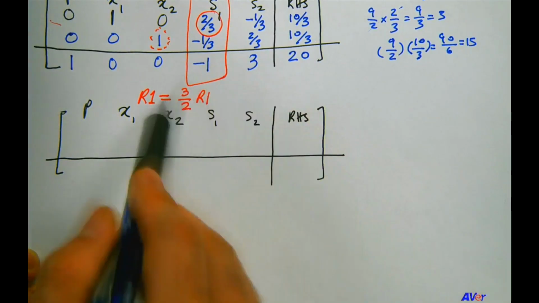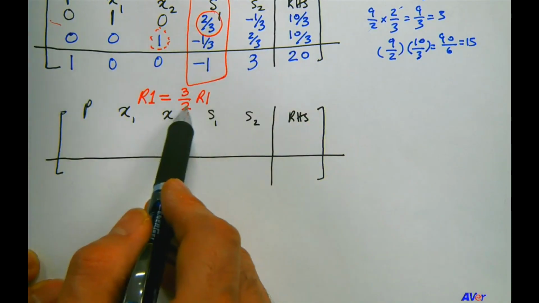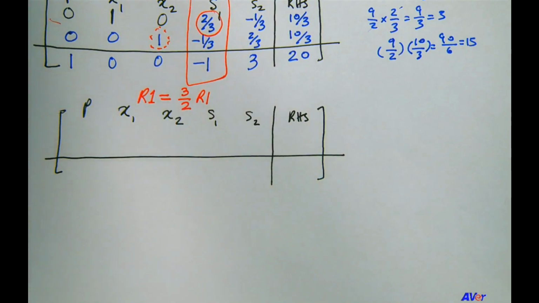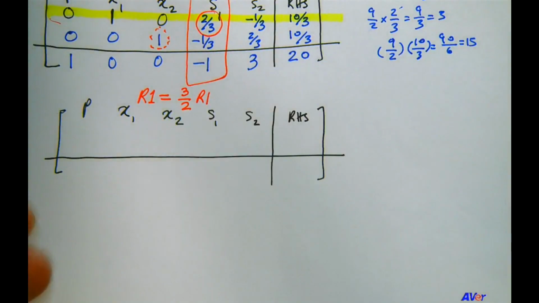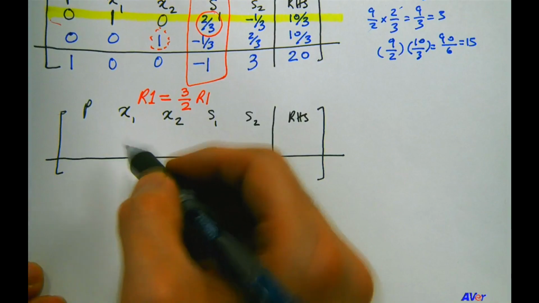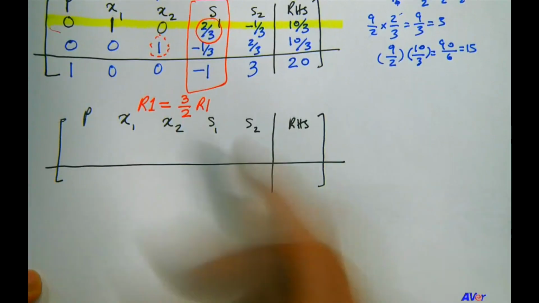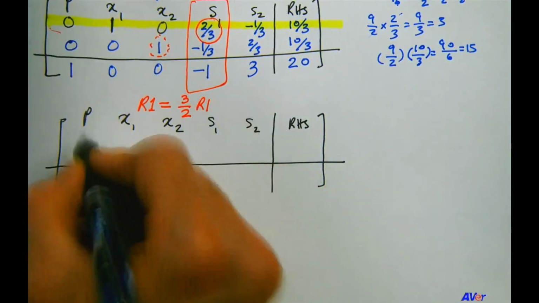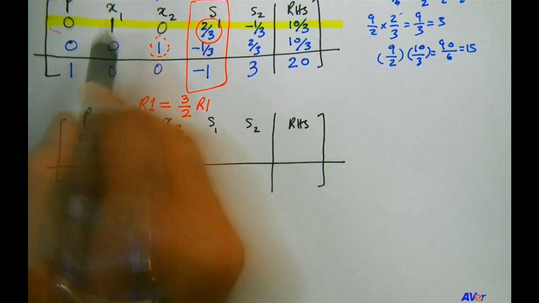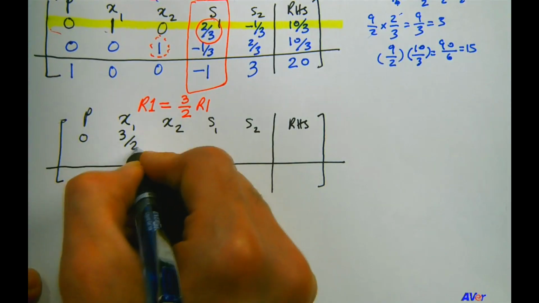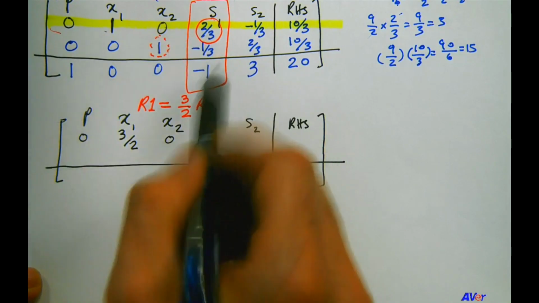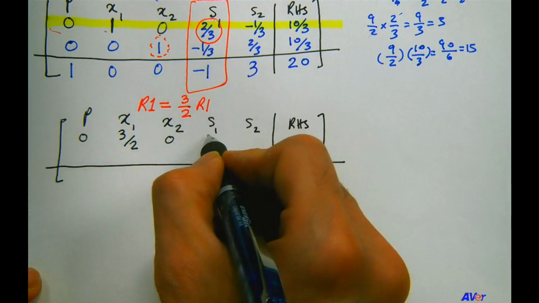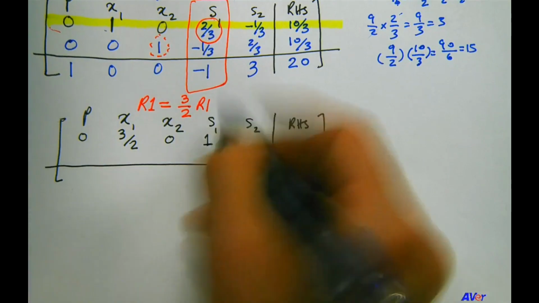Okay, so multiplying the first row by 3/2, right? We're multiplying this whole row by 3/2. So we're going to get 3/2 times 0, 0. 3/2 times 1, 3/2. 3/2 times 0, 0. 3/2 times 2/3, 1. And that's what we needed, right?